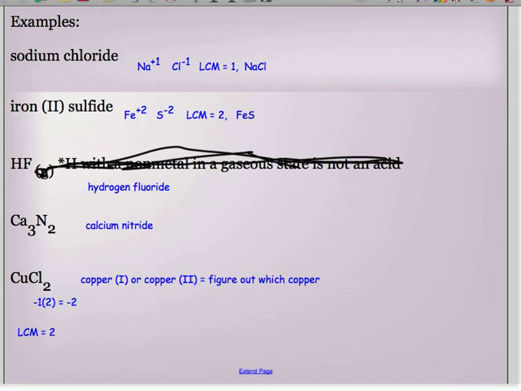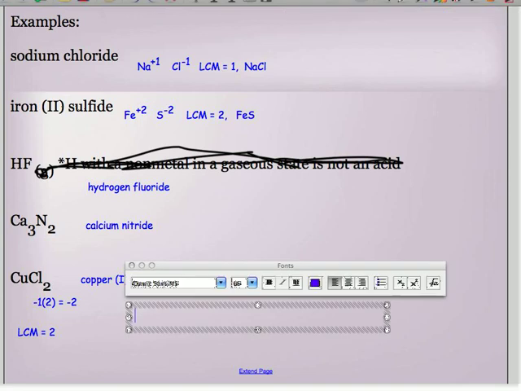Remember, I have to have exactly as many positives as negatives. Right now I have -2. That means for this to be right, and we're assuming it's right, it has to be copper 2. The reason it has to be copper 2 is because we need to have 2 positives if we have 2 negatives.